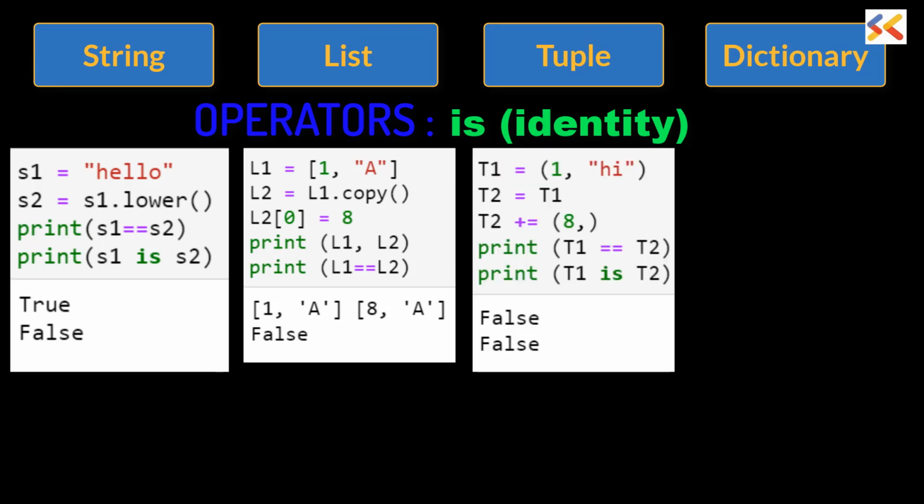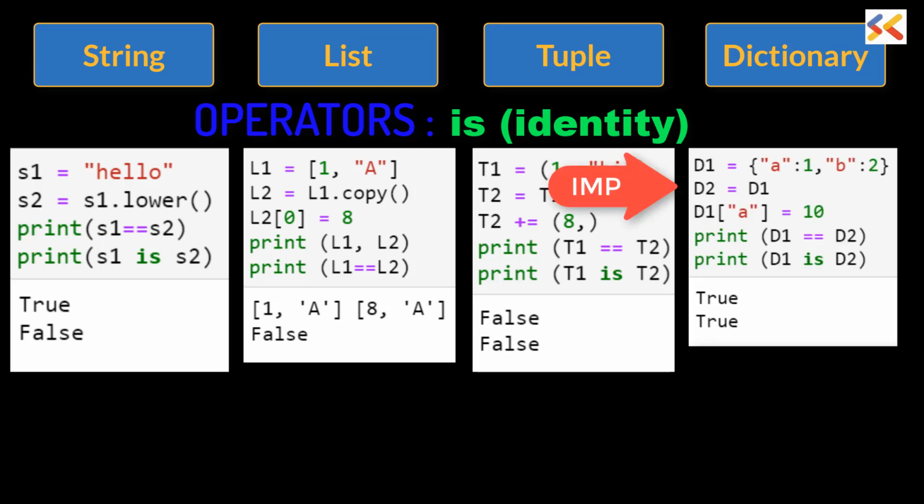Now if we take tuple, it is immutable. So if you take a tuple and assign it into another tuple and change one of them, then both equal to and is operator will return false. Now when we take a dictionary, since it is mutable, its behavior is same as list.